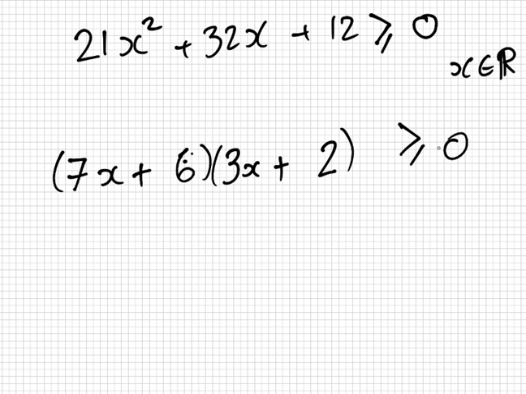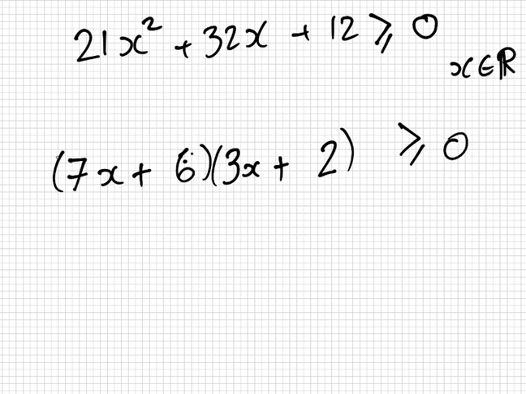So what we've done is we factorize a quadratic. Now this isn't the way I like to do it. I prefer to do it using the quadratic formula and a graph. But before I do that, I'll show you this way because some people like this way. Okay, we want this to be positive. So if I want this to be positive, what do I know about these two factors?